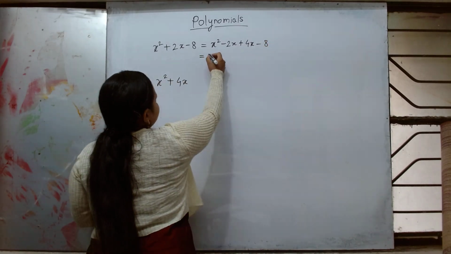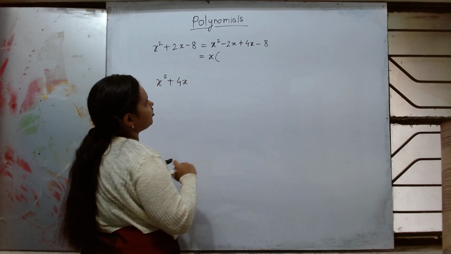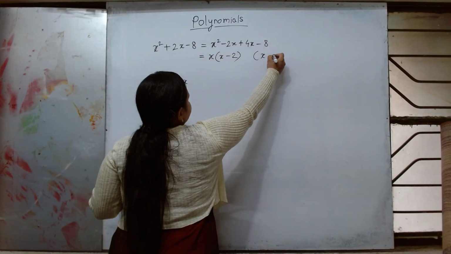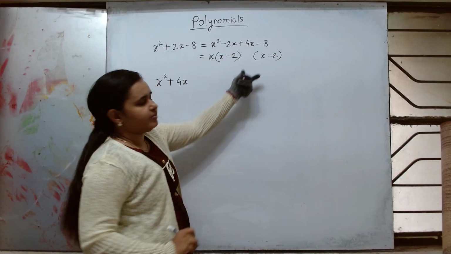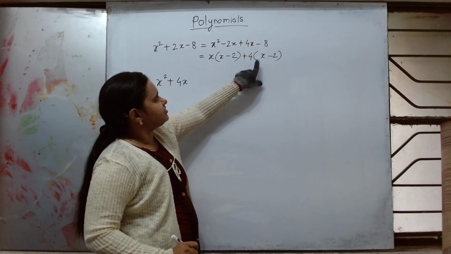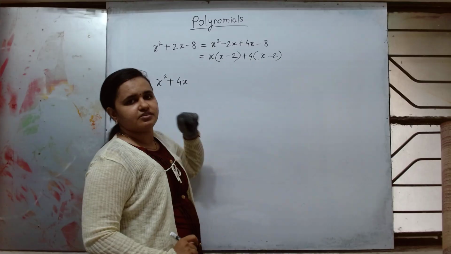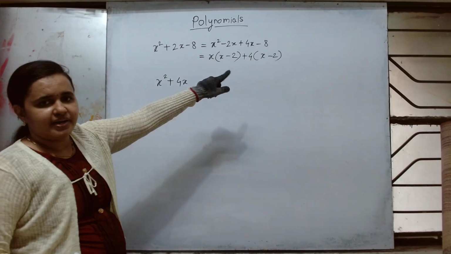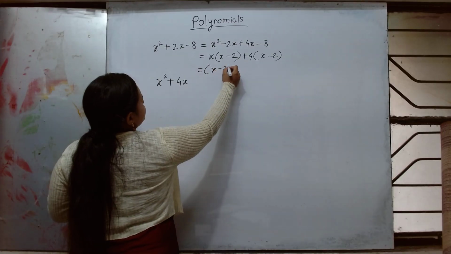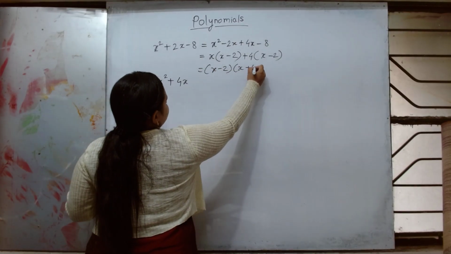By taking common, x is coming common, x minus 2, again x minus 2 will be the bracket, and common is plus 4. 4 into x, and 4 into minus 2 is minus 8. Okay. So the factors will be x minus 2 and x plus 4.